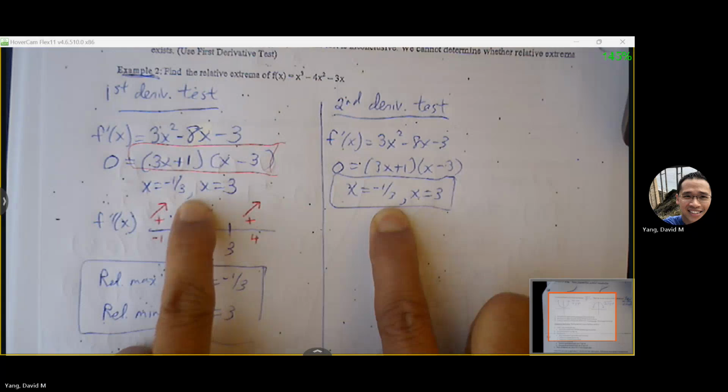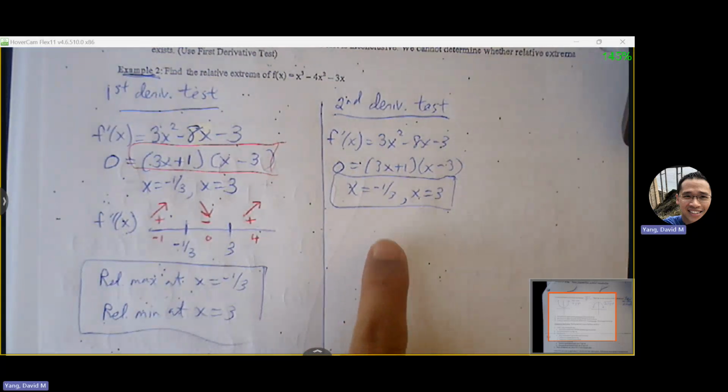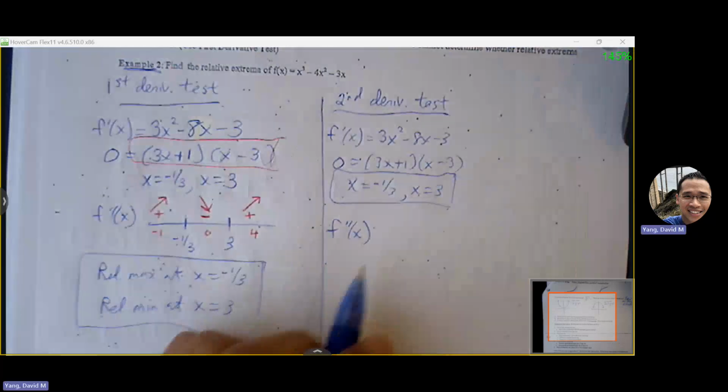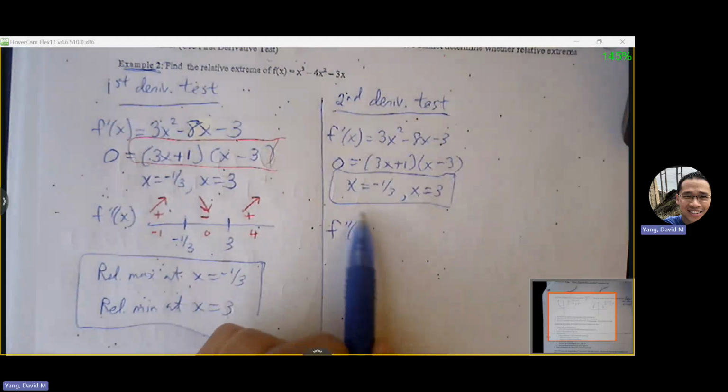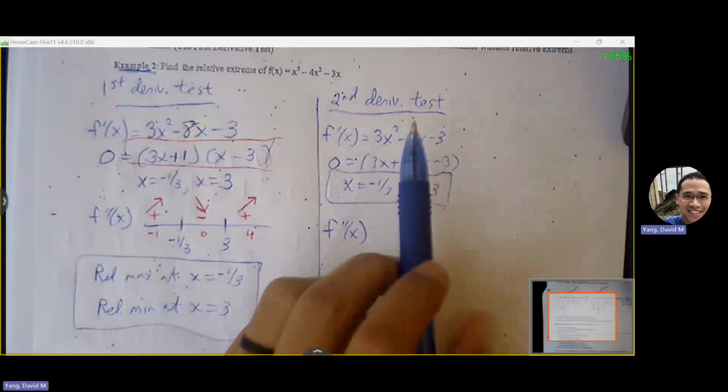But rather than going through our slope sign line, we're going to do something else. We're going to find f double prime. That's why it's called the second derivative test. This is where f double prime plays a role in this process. So what's f double prime going to be?